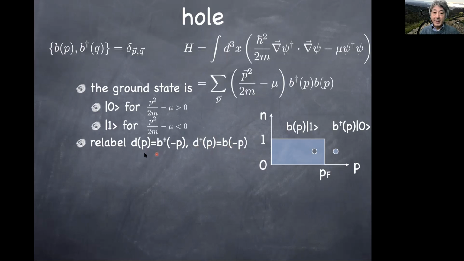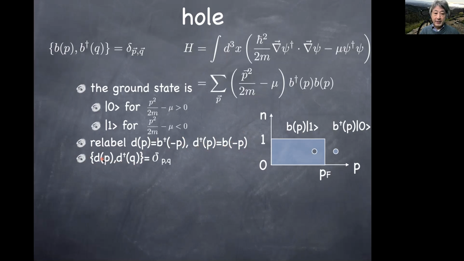So just regard this as a pure mathematical trick for the moment, and then look at the canonical anti-commutation relations among them. So if you look at the d_p, d dagger_q anti-commutation relation from this definition, d of p is b dagger of minus p. d dagger of q is b of minus q.